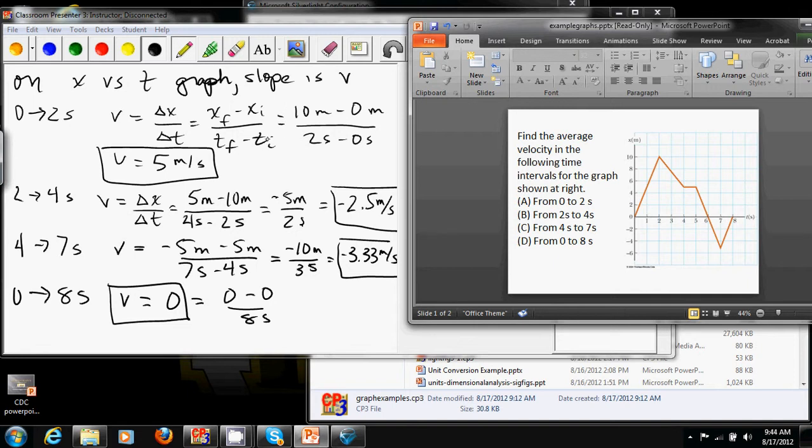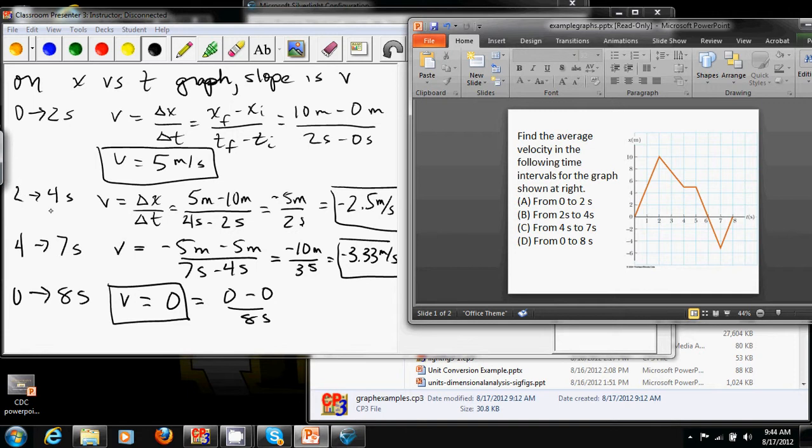So here your final position is 10 meters and your initial position is 0. So that's what I have, 10 minus 0 meters. And then here, t final minus t initial, 2 seconds minus 0 seconds. That's a 2-second change in time. Then you have 10 divided by 2 for 5 meters per second. Okay, so that's your average velocity between 0 and 2 seconds.